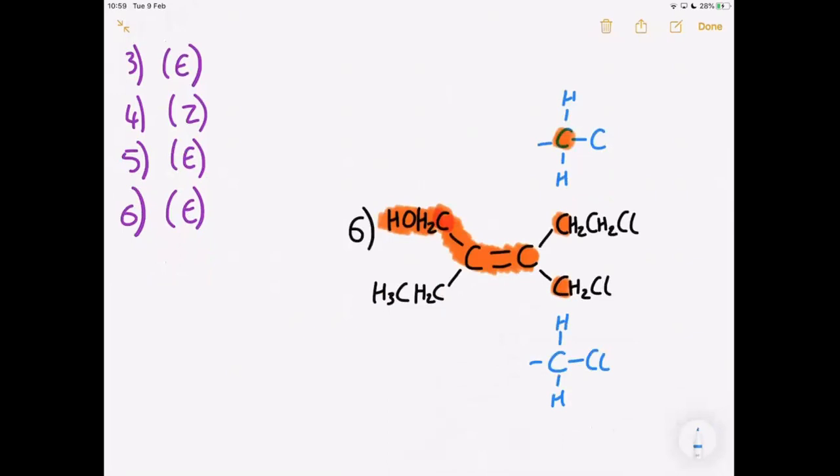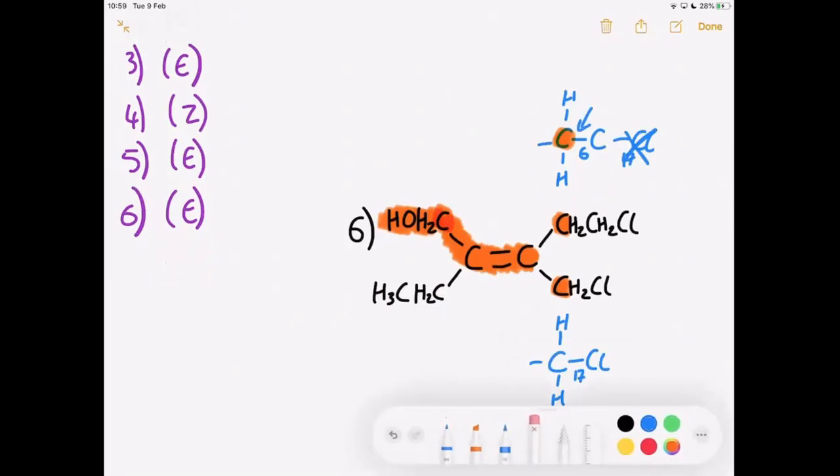So what that means is we're doing a comparison of 17 versus a comparison of 6. And yes, there is another chlorine over here, but that's irrelevant because it's not directly attached to this carbon, which is where we're doing the first comparison. So that means that the winner is the lower section, and we can finish off our trace line, and that's why we arrive at E as our designation.